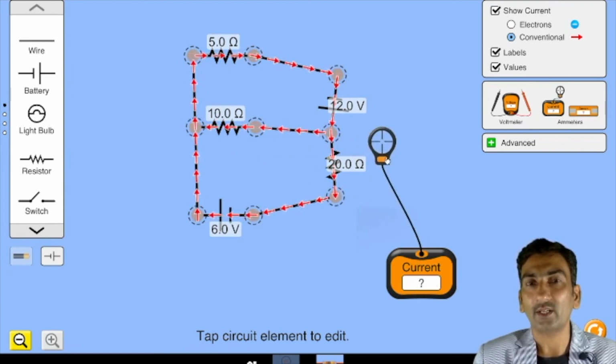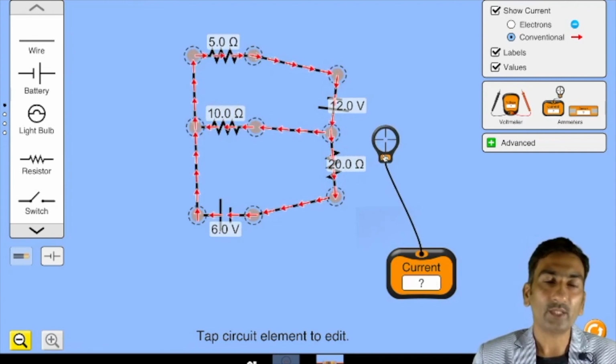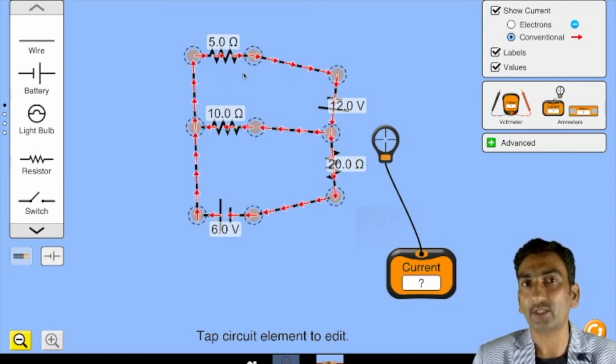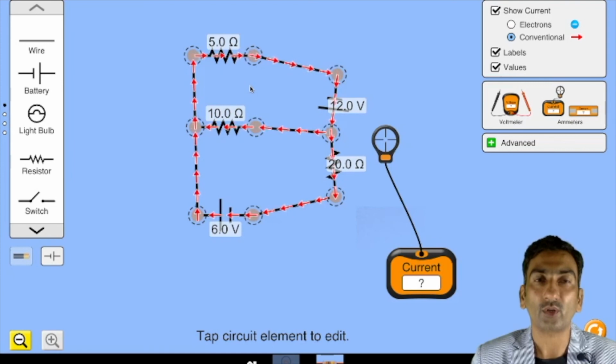One more thing: here the direction of current is given in this circuit. If by chance the direction of current is not given, you can choose your own direction of current, but follow the rules carefully.